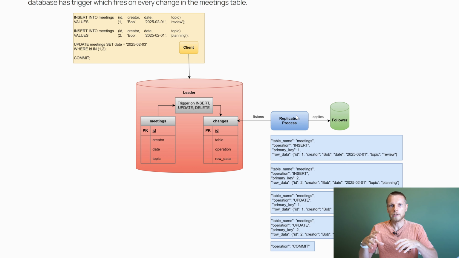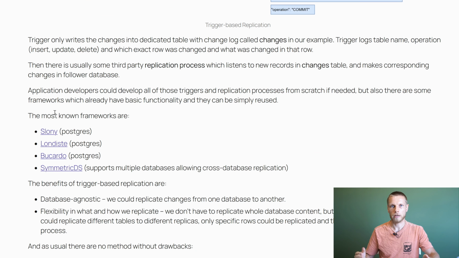In theory, you could implement it fully yourself. The database provides triggers, you can have any logic inside of them, and you can have an external application which can contain fully custom code. But there are other options, and there are some frameworks which allow automating this trigger creation and replication process. So if you want to use trigger-based replication, you might want to check those projects.